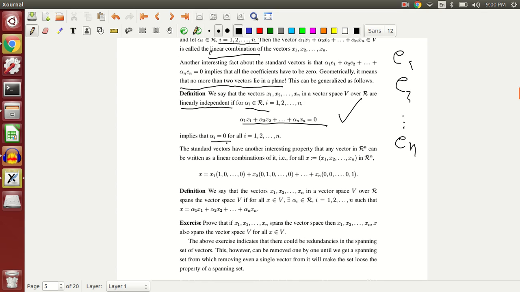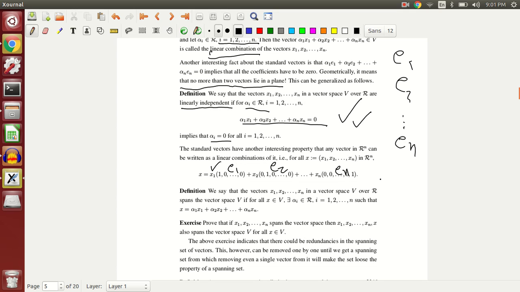So the standard vectors have another interesting property. Apart from this definitional attribute, you can write the components of a vector in terms of the standard basis, E1, E2 and En.